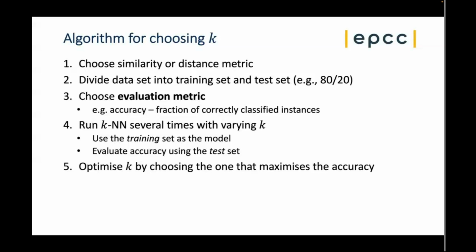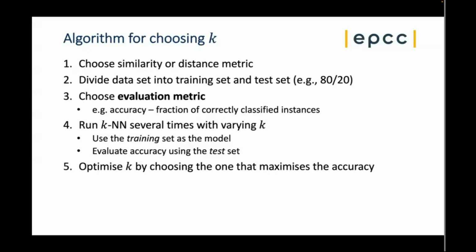And then what you would do would be to run your algorithm multiple times with different values of your hyperparameter, here K, using the training set to build the model, and then you evaluate your accuracy using the test set. So your test set is not used in training, it's used to see how well, at least on that test set, the classifier performs.